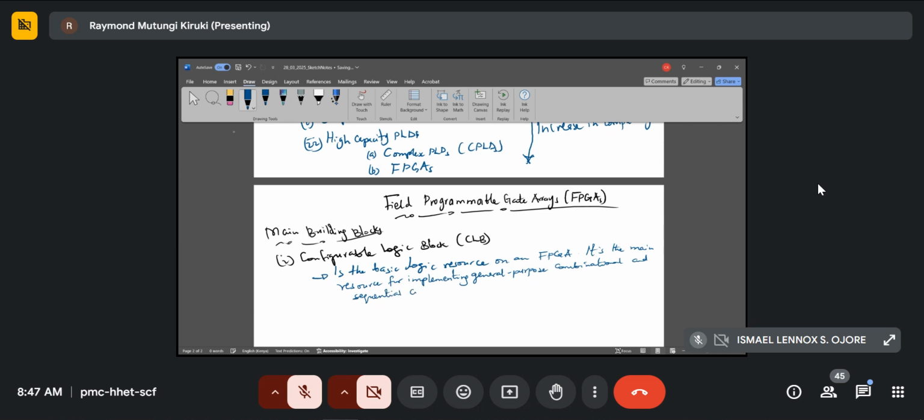In other words, that is the main resource that is available for you to implement your custom circuits. So inside the CLB, what do we find there?